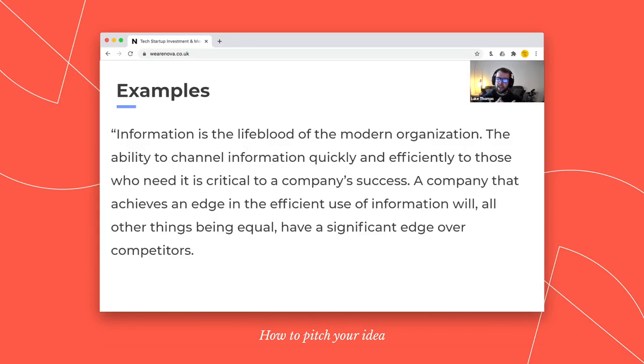They're trying to explain to me how important information is within the modern organization, how if we had a better system for information, we would beat our competitors and we would be brand leading. I'm still no closer to understanding what it is this company's going to do. It sounds kind of good, but you've wasted a minute explaining why information is important rather than explaining what your company's going to do with information in order to help your customers gain that advantage.